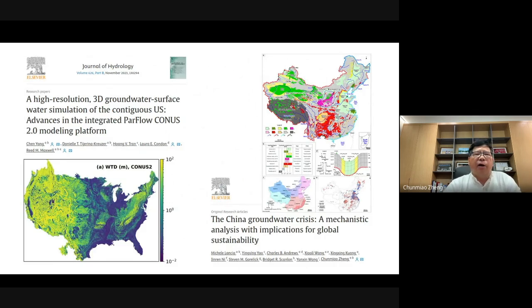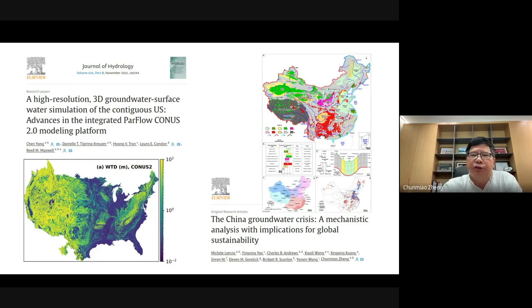And then I also would like to show you a couple of more recent national scale models with fairly high resolution. One is in the United States, from Reed Maxwell's group at Princeton. And my own group has also developed a national scale groundwater model for the entire mainland China.